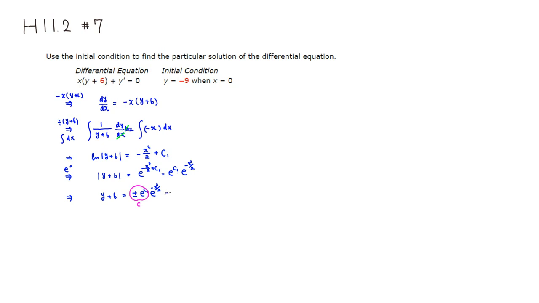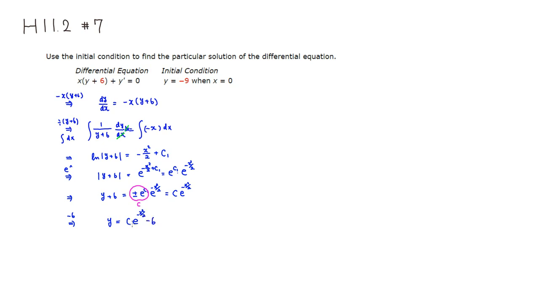So this becomes c times e to the negative x squared over 2. Then we can isolate y by subtracting 6 from both sides. So y is equal to c e to the negative x squared over 2 minus 6.